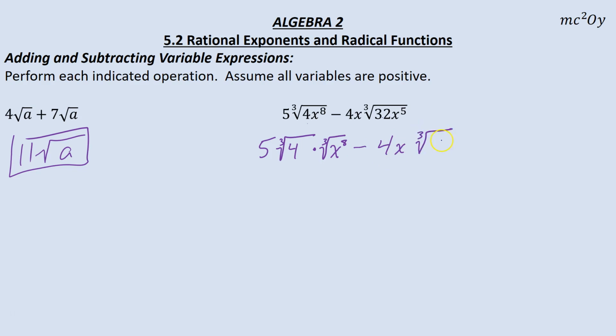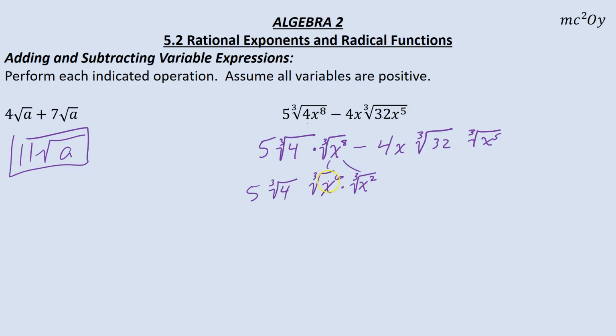So I'm going to have the cubed root of 32 and the cubed root of x to the 5th. And cubed root of x to the 8 is actually the cubed root of x cubed, x to the 6th, times cubed root of x squared, and then 5 cubed root 4.